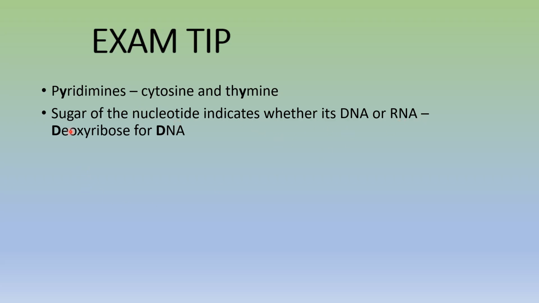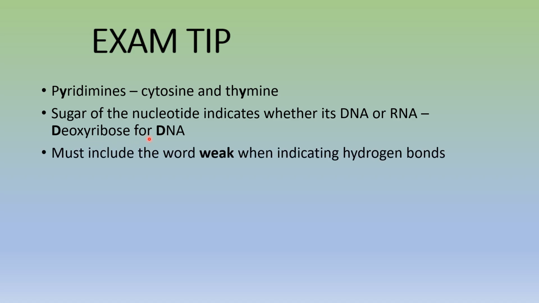For example, deoxyribose for DNA. You must include the word weak when indicating hydrogen bonds. If you leave out that word weak, you are going to get your terminology wrong and you're going to lose marks or you will not be credited for that.